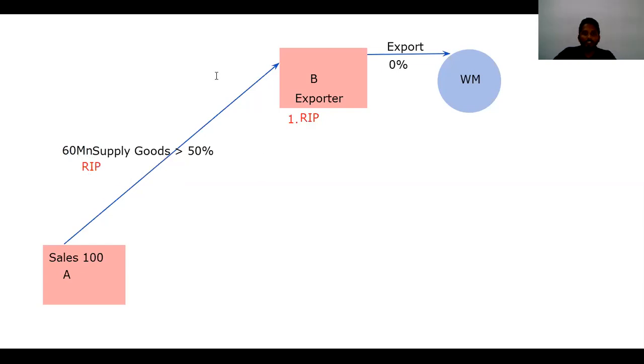And again, any person who supplies, let's say A is a service provider. A supplies, let's say 60 million again, of services to export, just more than 50%. Then in this case also, this person is eligible to register as a RIP. That is another scenario.